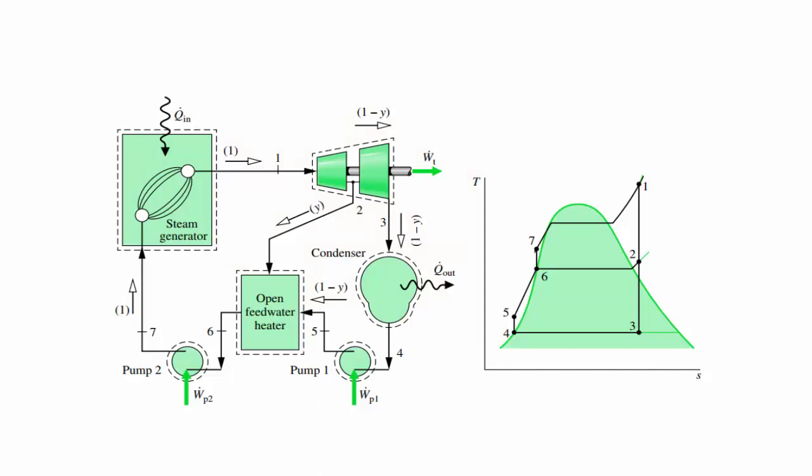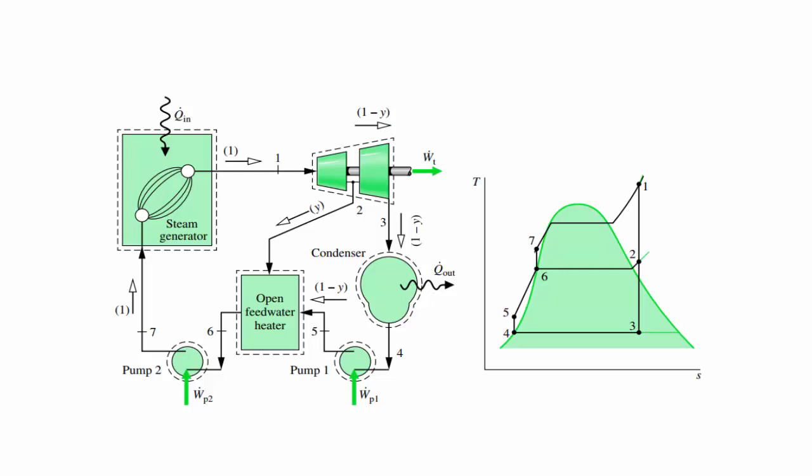In the second improvement, we have the open feed water system. Now in open feed water, there is direct contact of steam and the water. Now what happens, as the steam from the boiler goes through the first turbine stage, some of the steam is extracted from that turbine stage, and some goes to the other turbine stage.